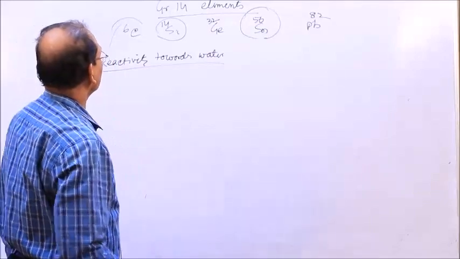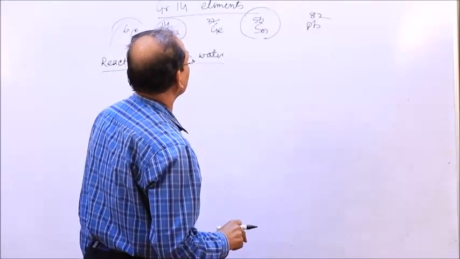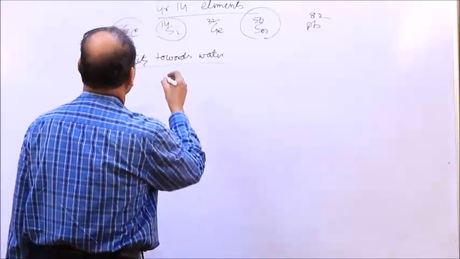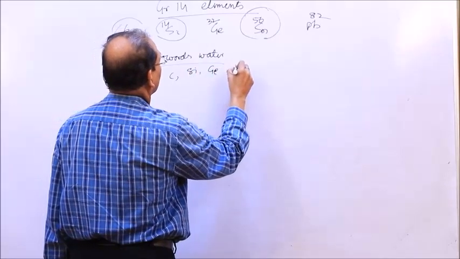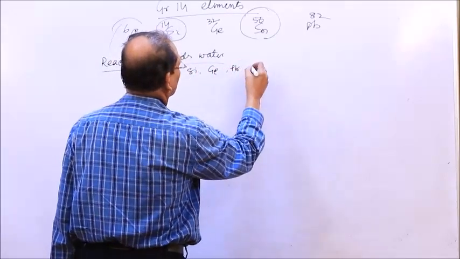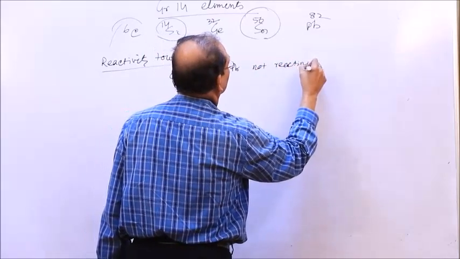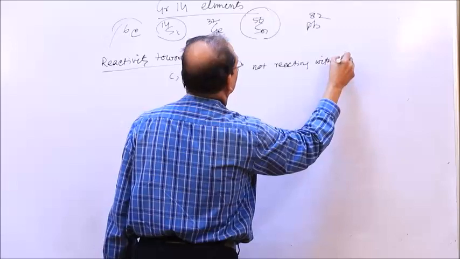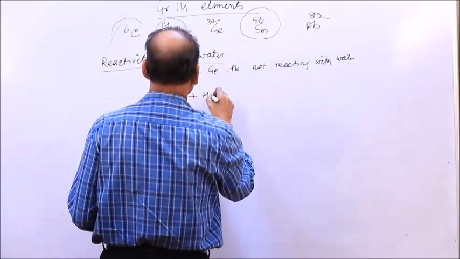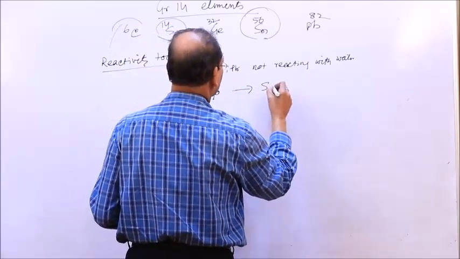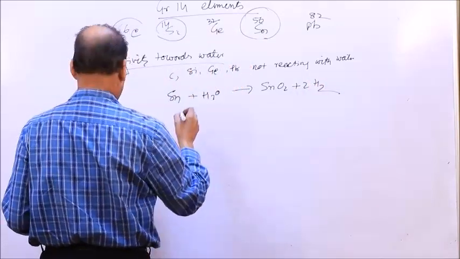It is seen that carbon, silicon, germanium and lead are passive and do not react with water, but only tin reacts with water, forming tin oxide and hydrogen.